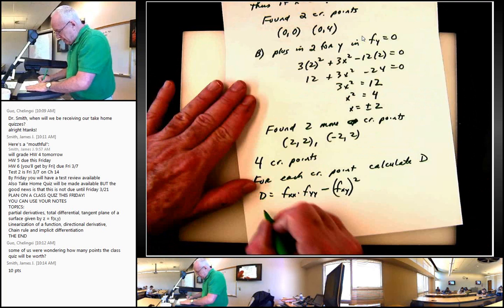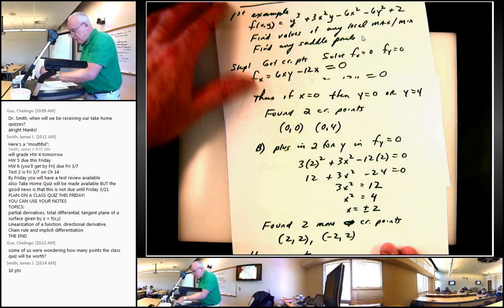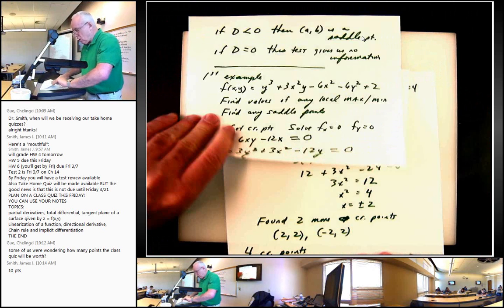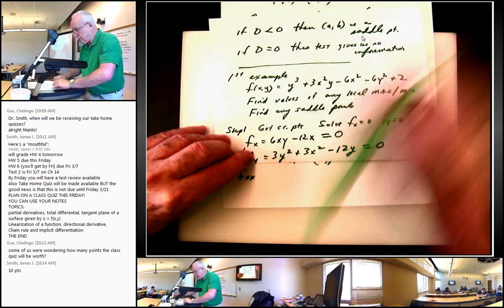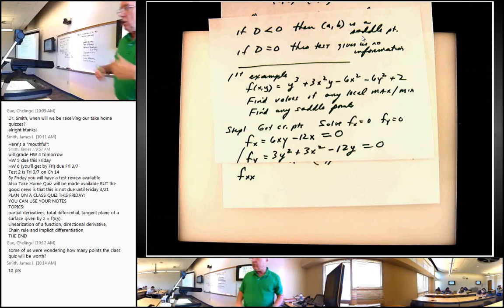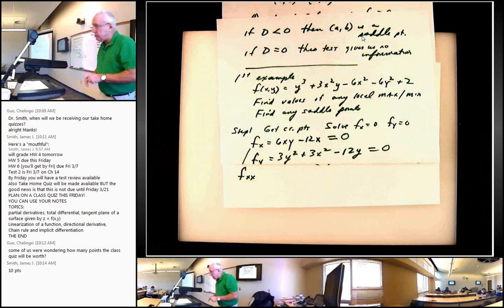Okay, let's get fxx. So first of all, earlier we had found that fx was 6xy minus 12x. So now we do its derivative again with respect to x.